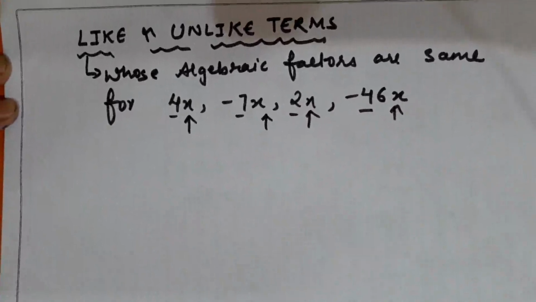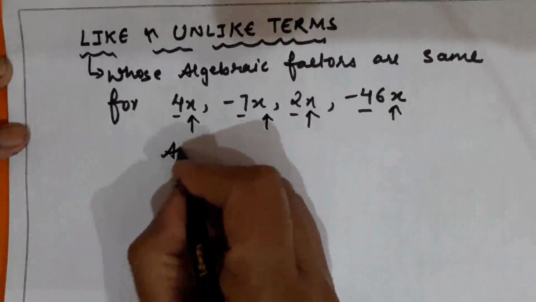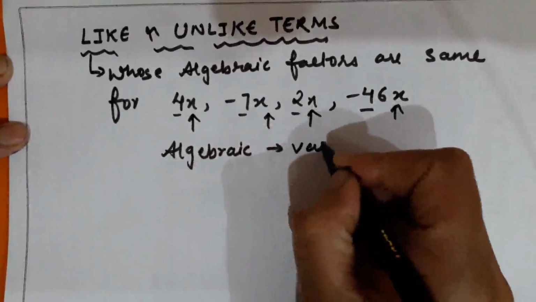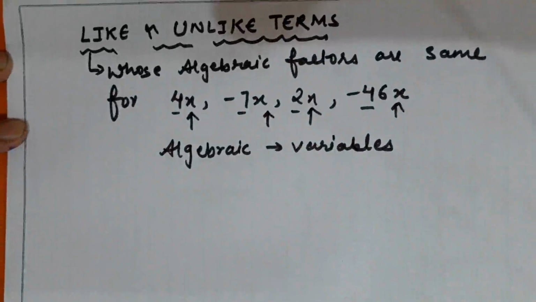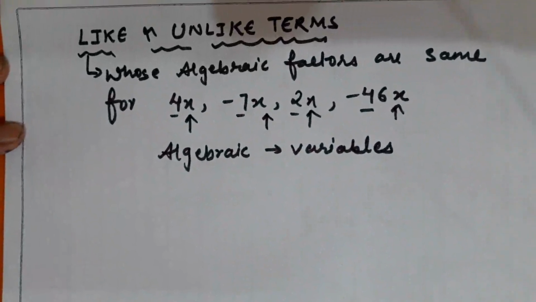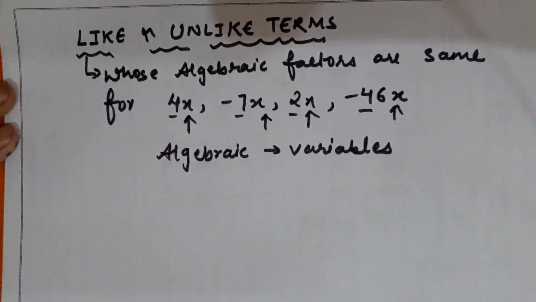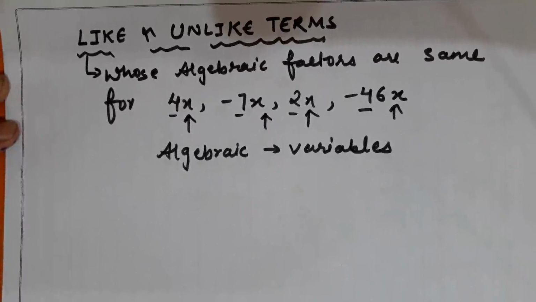It means algebraic factors are same. Algebraic means here variables. All terms are having same variables, so they belong to the like terms. Here all are having variable x, but numeric values are different, and they are called like terms.